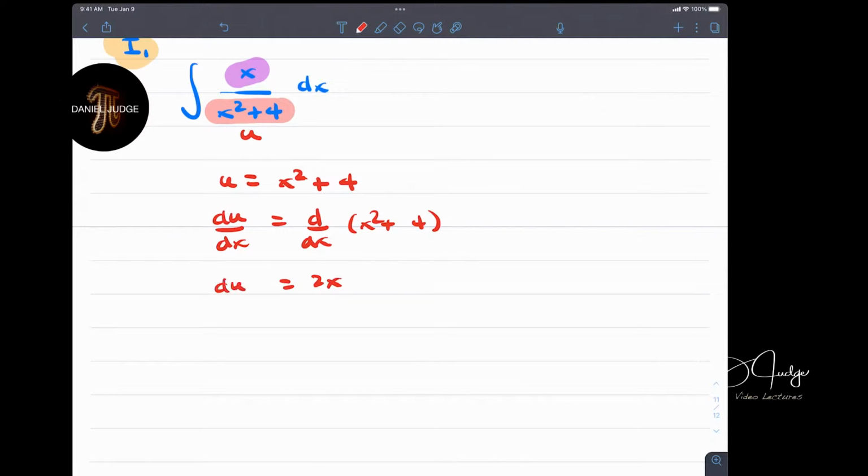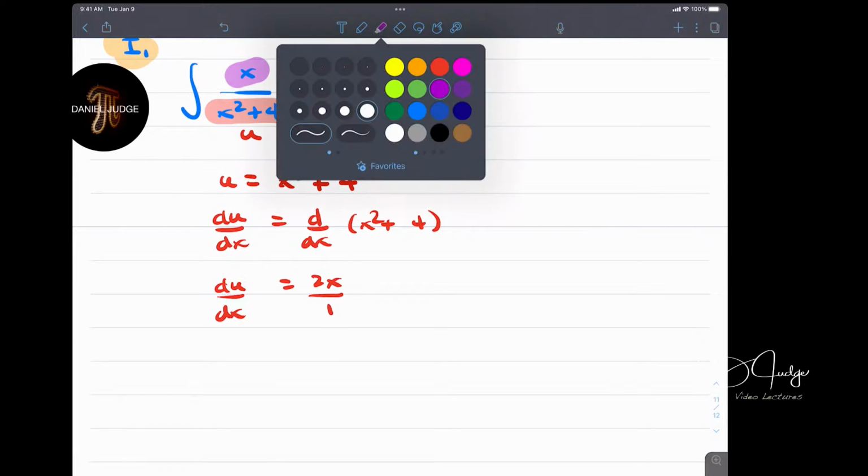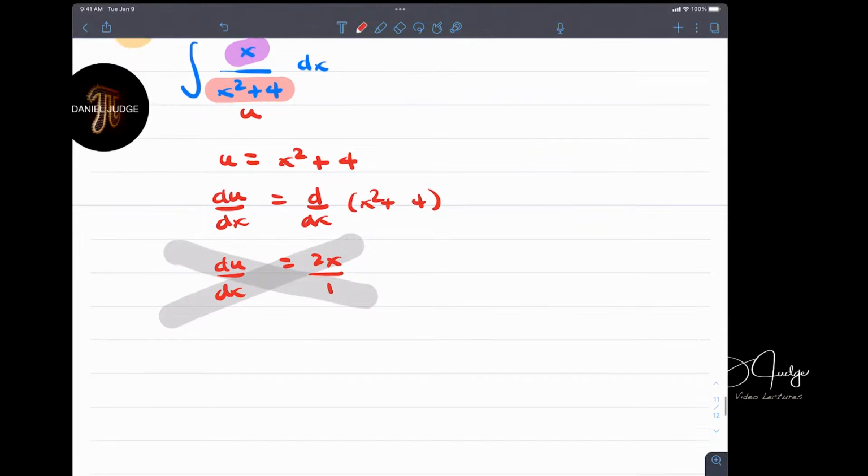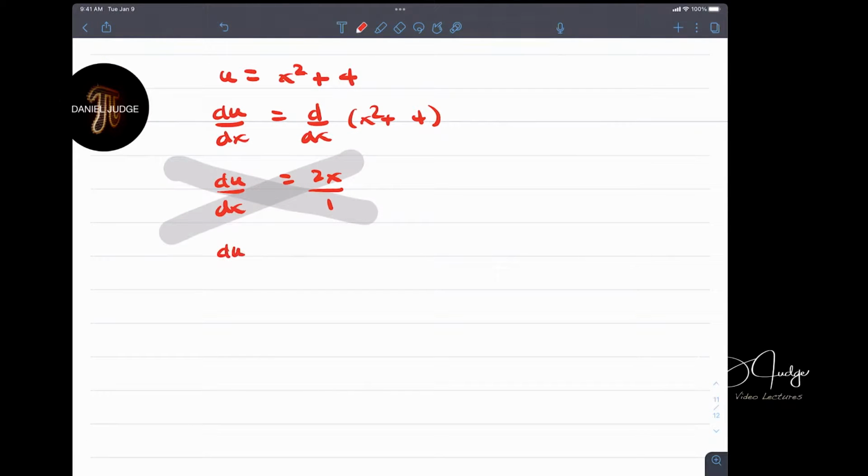So du dx is 2x over 1. You're going to cross multiply, diagonal across. So you get du times 1, which is just du, and then 2x dx. Remember, you're solving for dx, so divide both sides by that 2x. And you end up with du over 2x becomes dx.